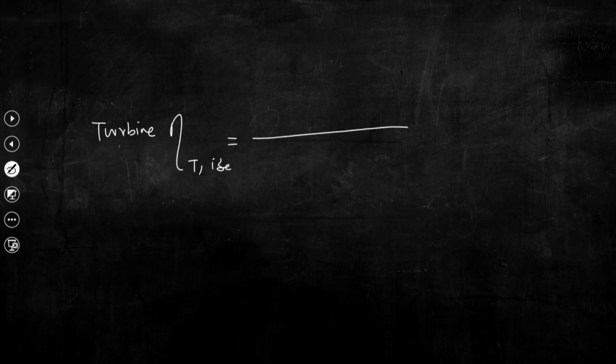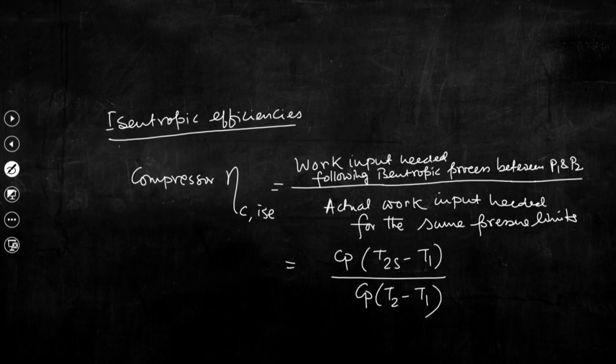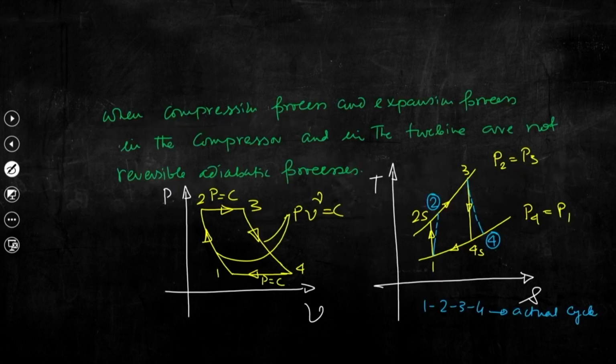Similarly, the isentropic efficiency for the turbine you can understand easily. A turbine is a work producing device. So what would be the definition here? In a turbine we are getting work output, so the actual work output should be less than the predicted one following the isentropic expansion.